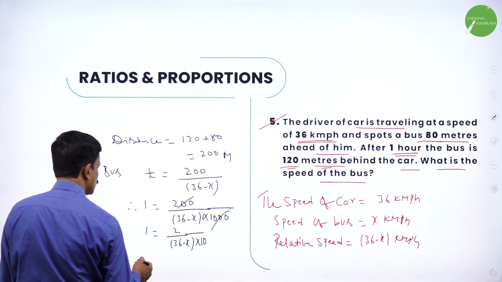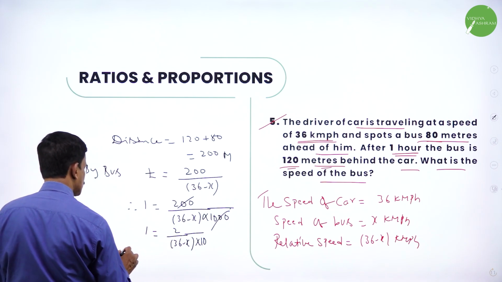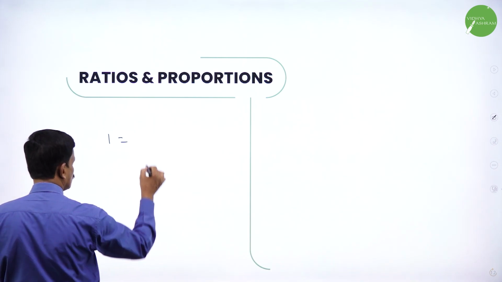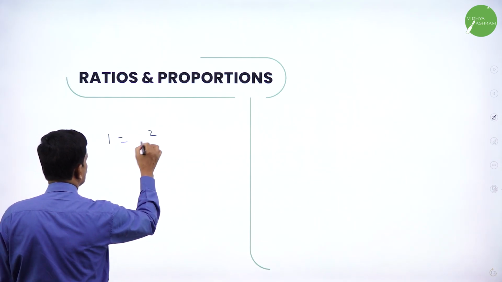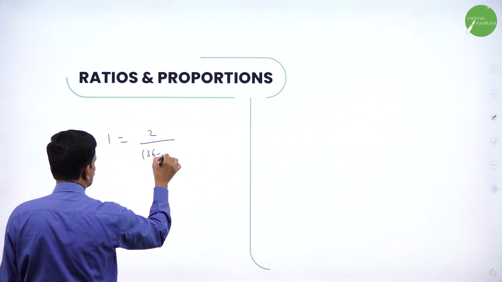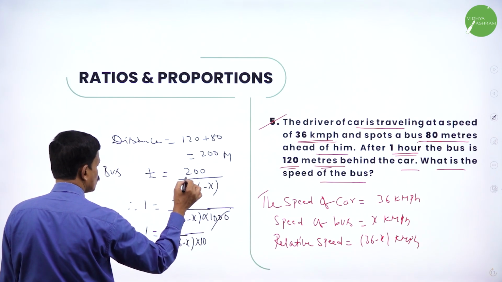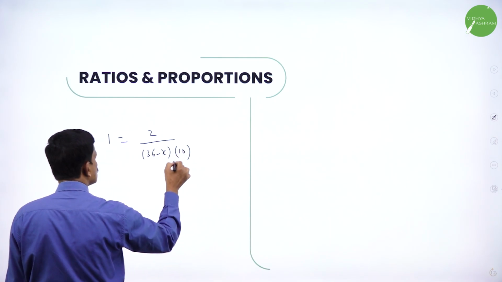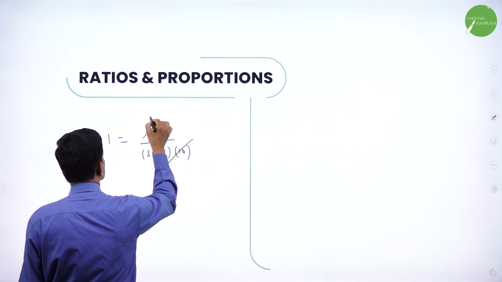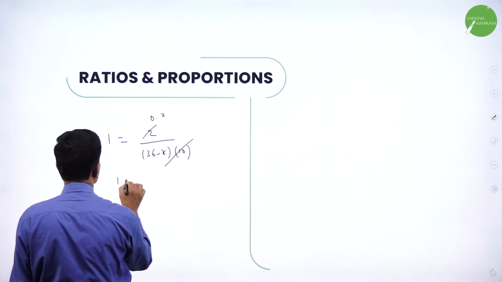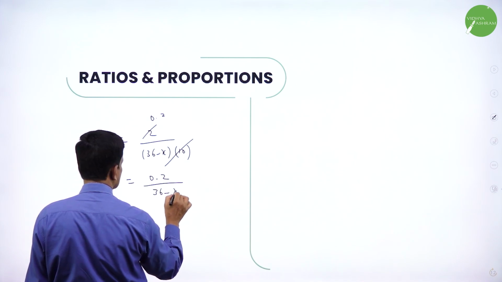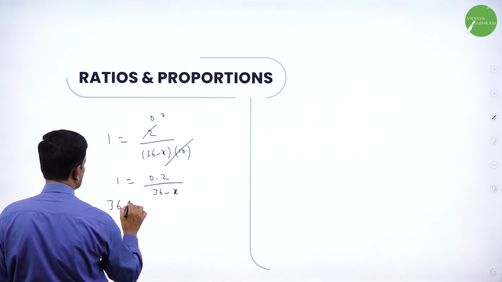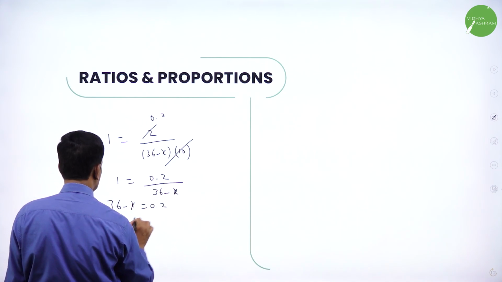Cross multiply. What you will get? 1 is equal to 2 divided by 36 minus x into 10. So this is divided 0.2, you will get 1 is equal to 0.2 divided by 36 minus x. Cross multiply. 36 minus x is equal to 0.2.